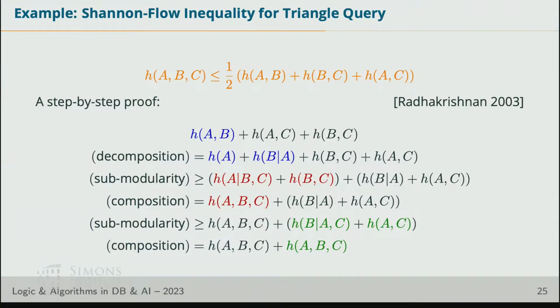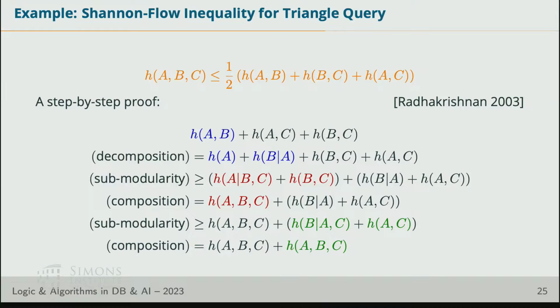Now we condition on both A and C, so entropy will be reduced. And applying composition again, we get a second term on the left-hand side. So now we have just proved the inequality. In these tutorials, you see different ways to prove the same thing. And then each one of those ways turns out to give you kind of an algorithmic idea in some sense.